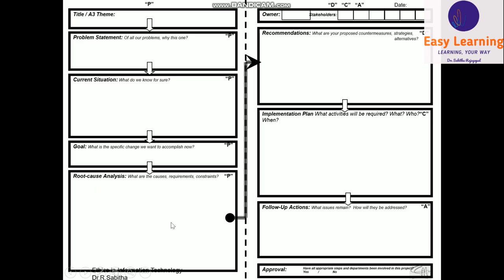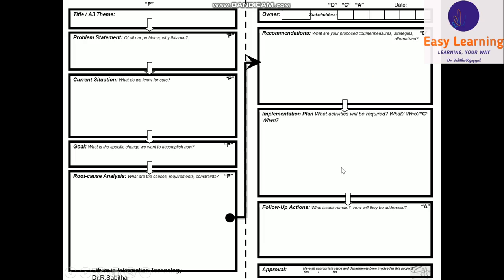And then this root cause analysis will lead to the recommendation. This part will contain the countermeasures, how we can give a solution to the problem, and what the various alternatives available are. Then based on the n number of alternatives, you are going to select one alternative and that is going to be implemented, and you are going to record all the information related to this in this segment.